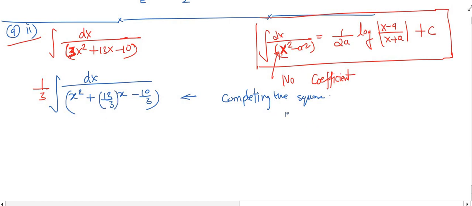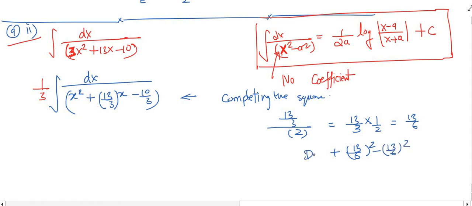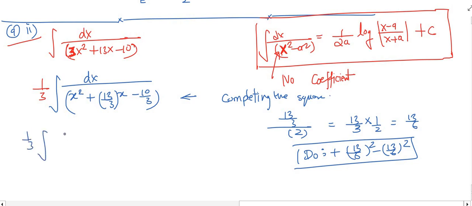So 13 by 3 by 2 is how much? 13 by 3 into 1 by 2, which is 13 by 6. This is half of the middle term. So I will add and subtract the square of this, plus and minus. That's what we do. Add and subtract.